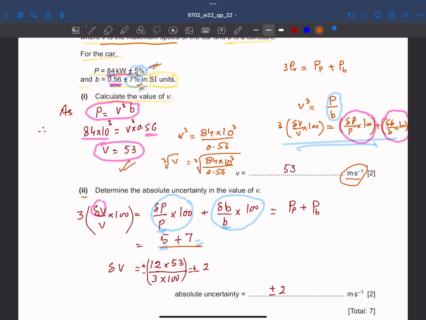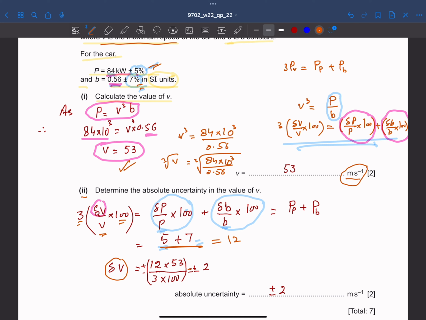You get 12, but when you actually write del V, take this 3V and 100 to the other side, and this is how you calculate.